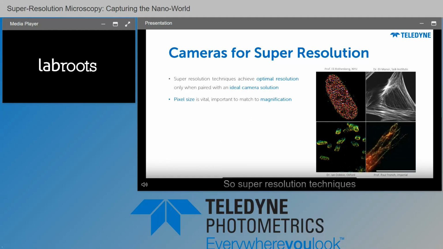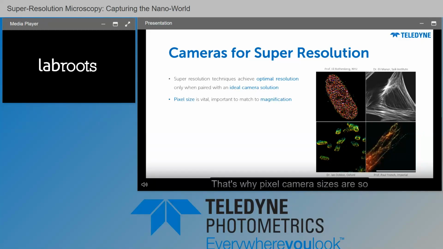So super resolution techniques achieve optimal resolution only when paired with an ideal camera solution. Pixel size is very important, and it's vital to match this in magnification. Typical camera pixel sizes include 4 micron, 6.5 micron, and 11 micron. These correspond to 40x, 60x, and 100x magnification.